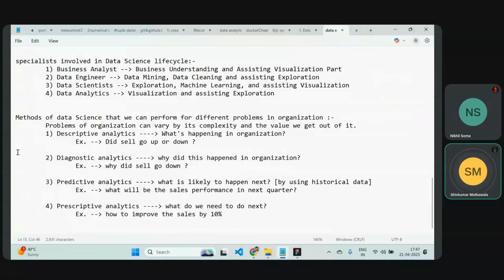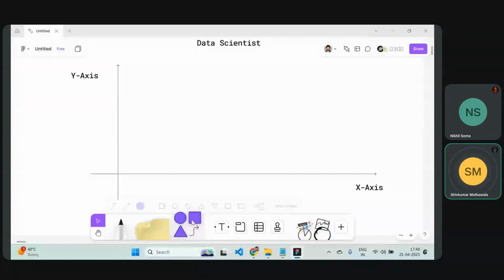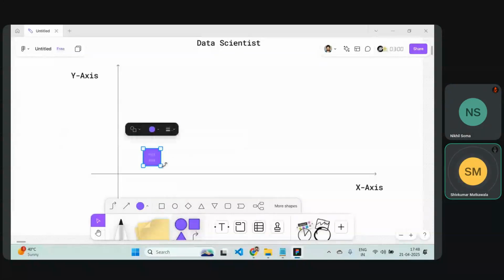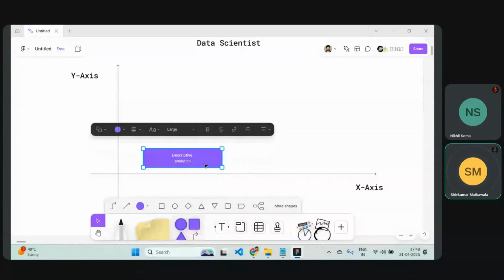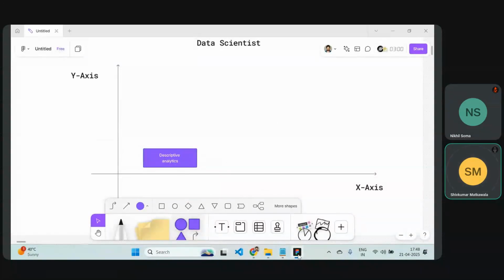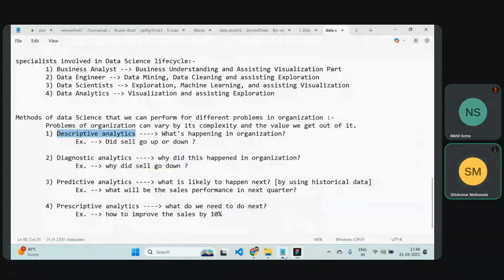Descriptive analytics, very common. It's a very basic one also. So what is meant by descriptive analytics?